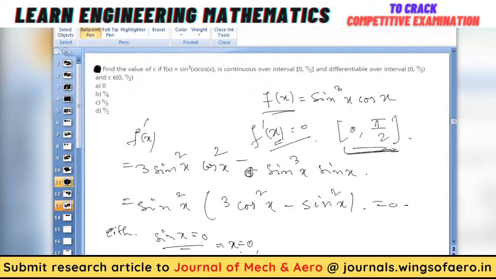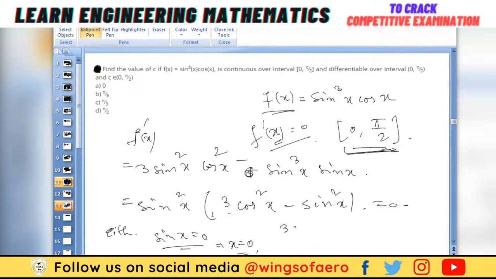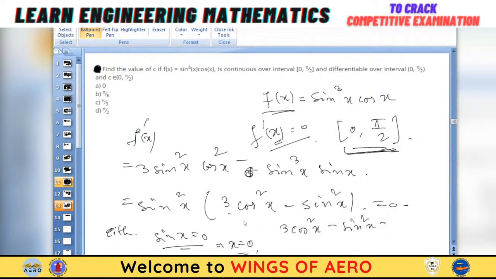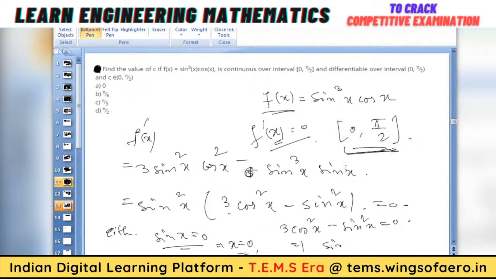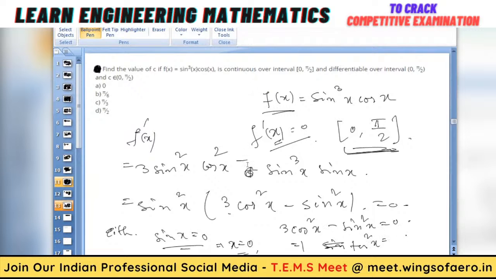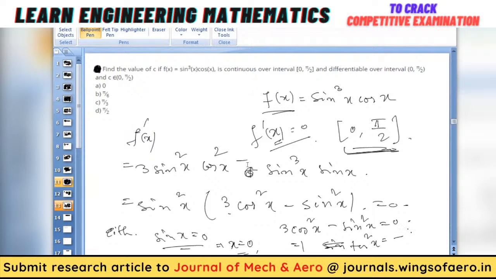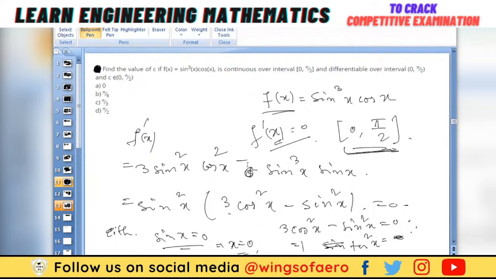And if 3 cos square x minus sin square x equals 0, then it becomes sin square x by cos square x equal to tan square x. So tan square x is equal to 1 by 3, isn't it?